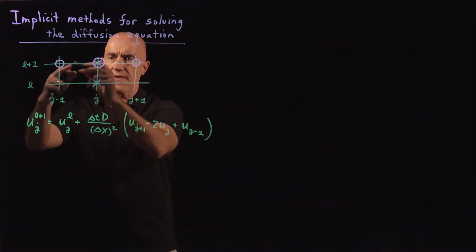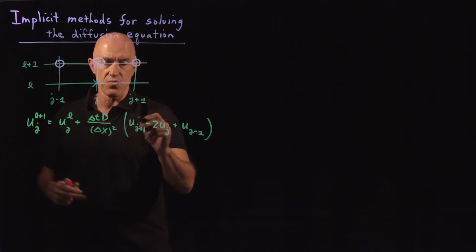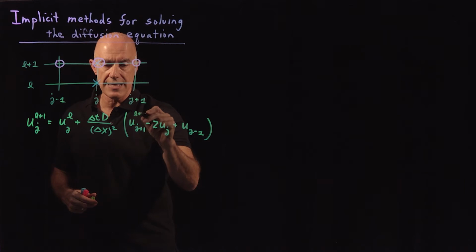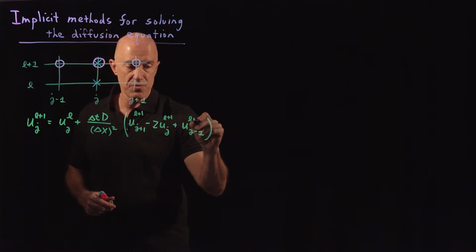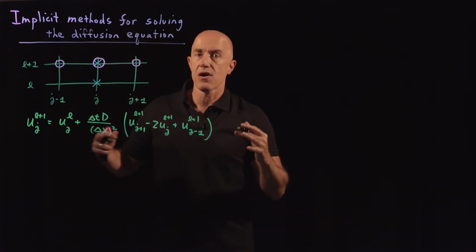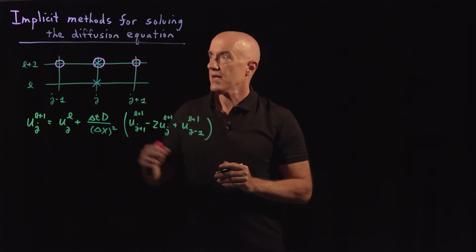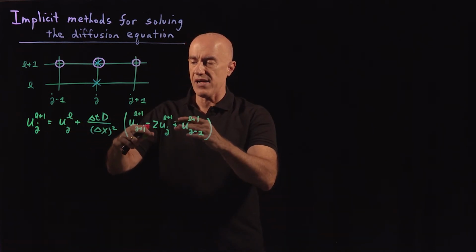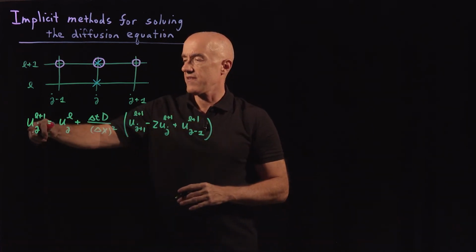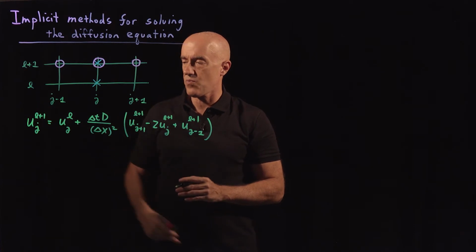But here we're evaluating at the L plus 1 time step. So this is at L plus 1, L plus 1, and L plus 1. That's our scheme. It's called implicit because you can't just plug in the value of u at L to get the value of u at L plus 1.